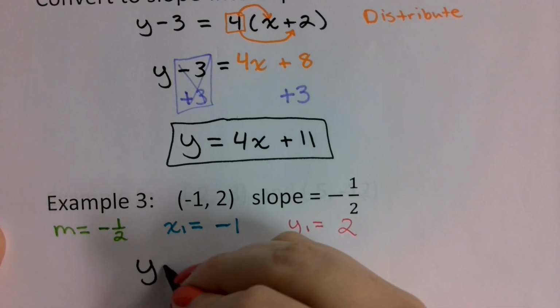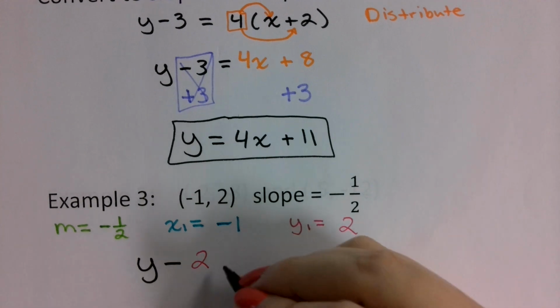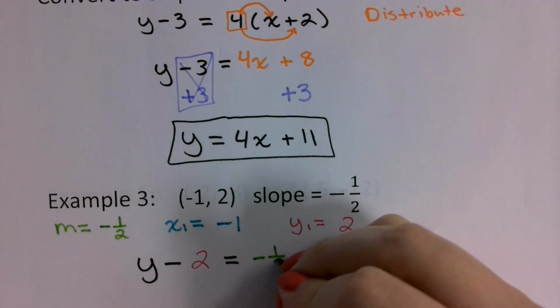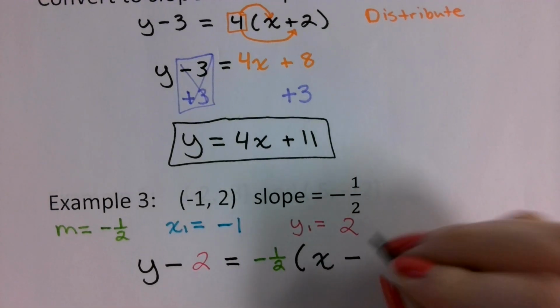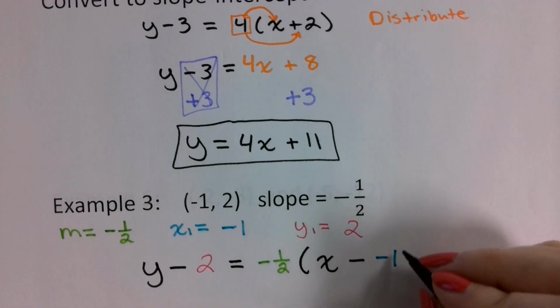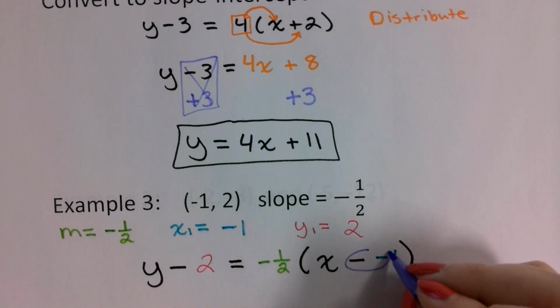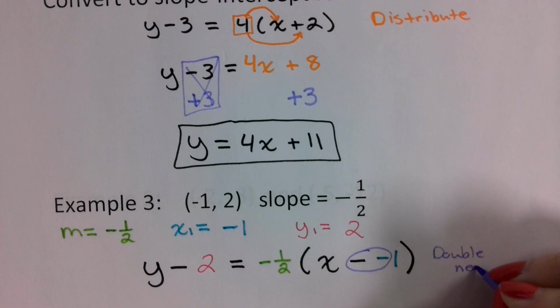It should be y minus 2 equals our slope, which is -1/2, times x minus -1. Remember, I don't like those double negatives. If we've got the double negatives, we're going to change it to a positive. We don't want to keep double negatives.